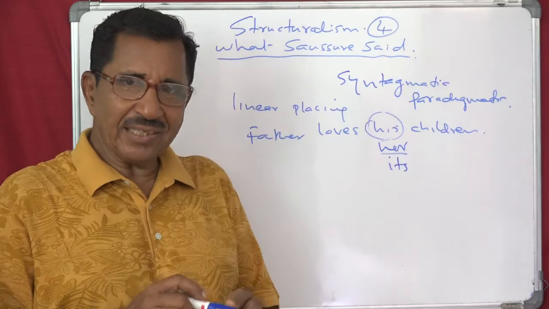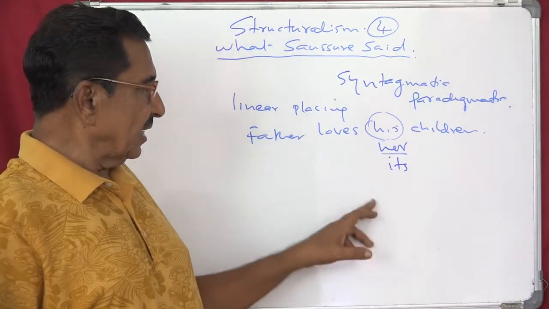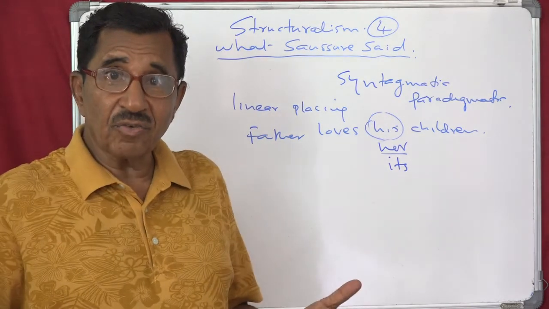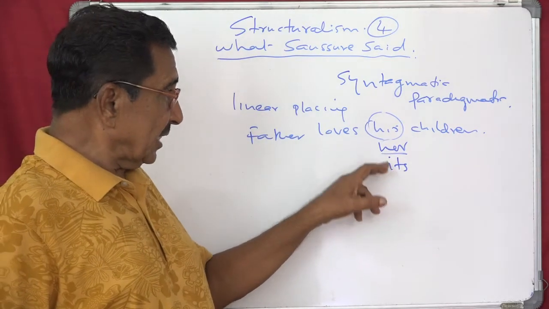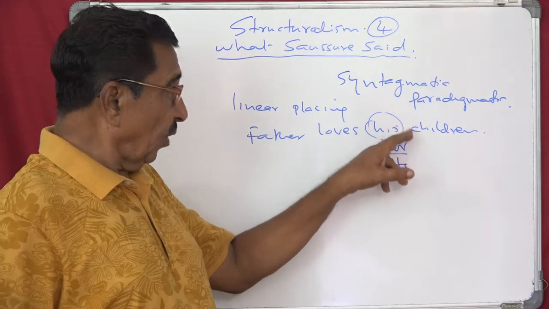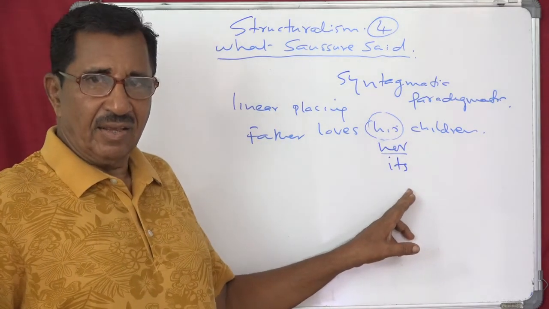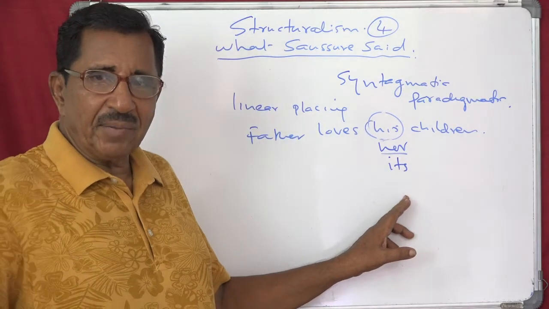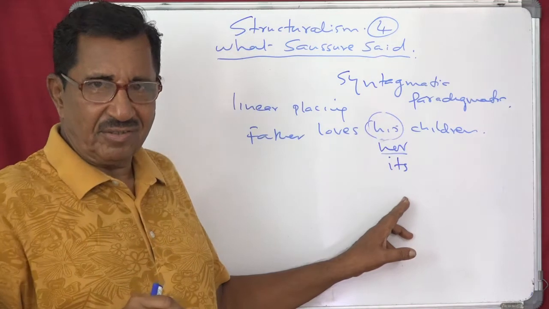So linear placing, you can see, the problem comes when the words are not properly substituted, then it breaks. Why? Because her and his are not in paradigmatic relation here, meaning they cannot be substituted. Paradigmatic means connected words which can be substituted.